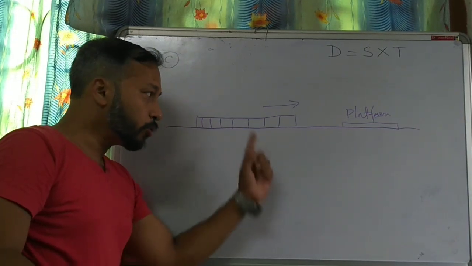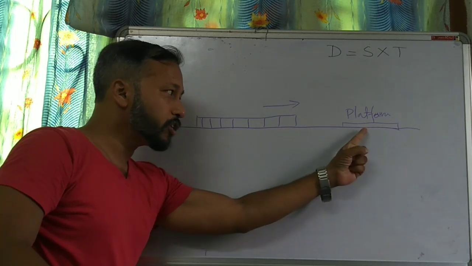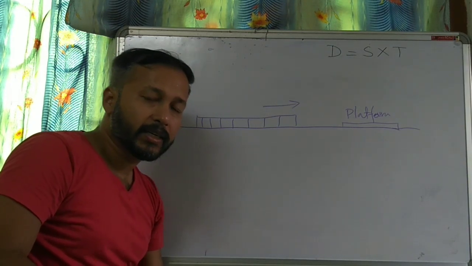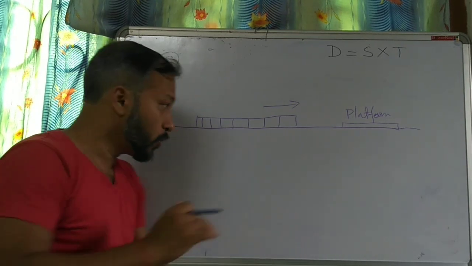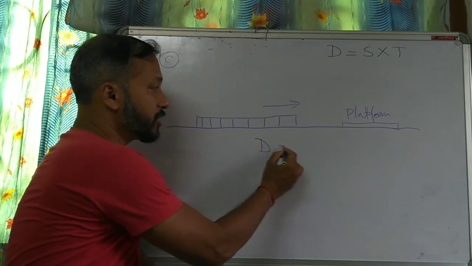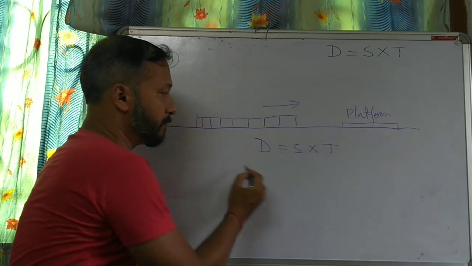Now this train will cross this platform. How much time is required? In this type of sums, again we'll use the same formula, distance equal to speed into time.